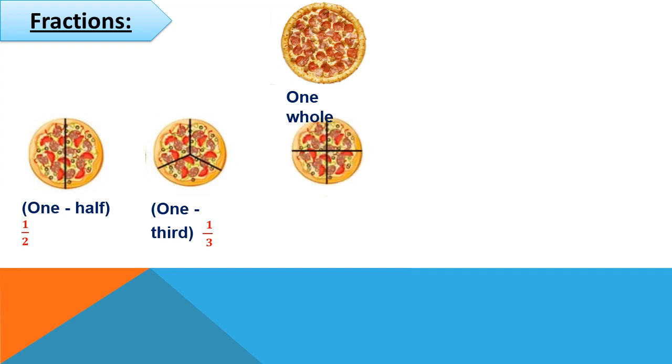If I have four kids and I want to distribute my whole pizza equally, I will divide it into four equal parts. So each part will be 1/4.